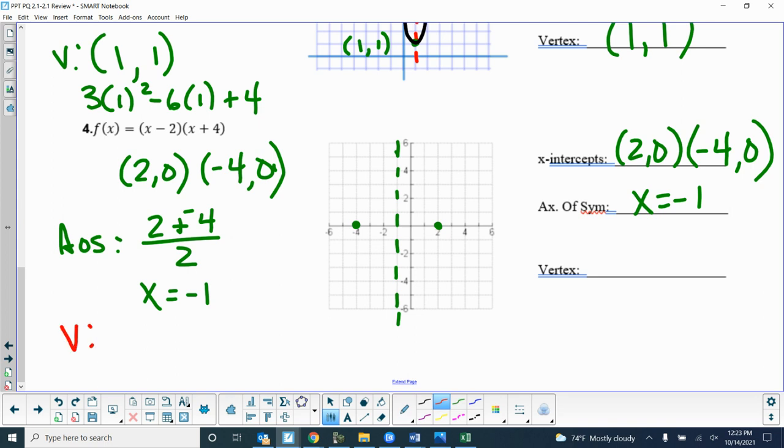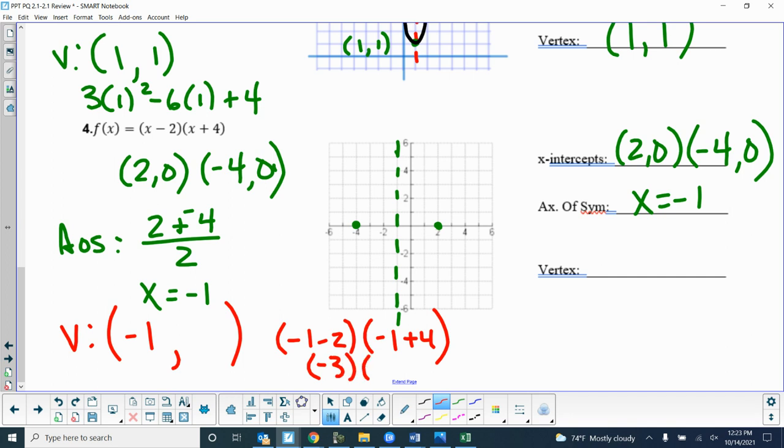Vertex, do like we've been doing. We put negative 1 in the original function. So we got negative 1 minus 2 times negative 1 plus 4. That's a negative 3 times a positive 3, which is a negative 9.